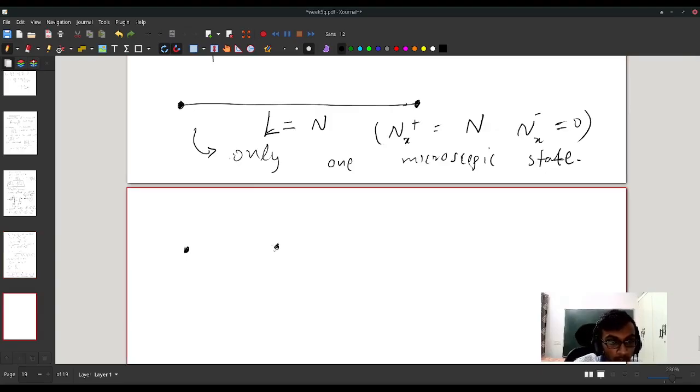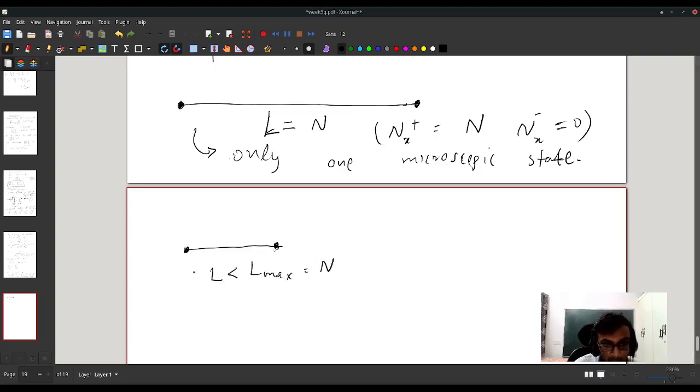But instead, if you consider a length which is less than the maximum length, so this L is less than L max, which is N, then there would be many more ways of having this length possible. So there can be something like this. There are many microstates possible.